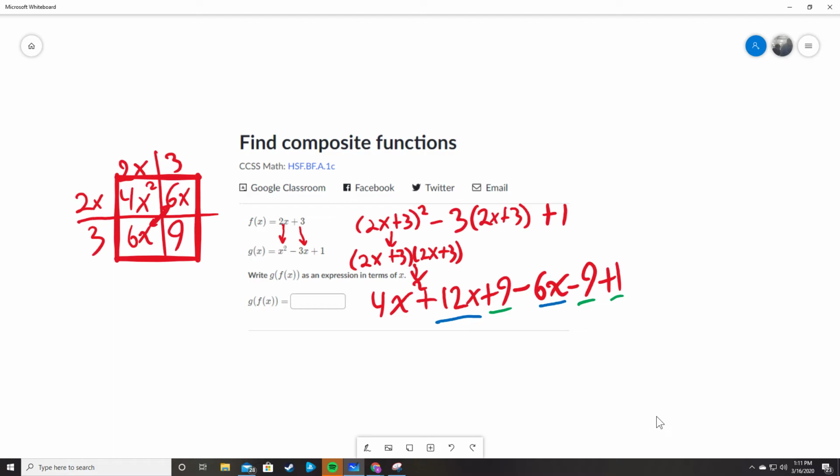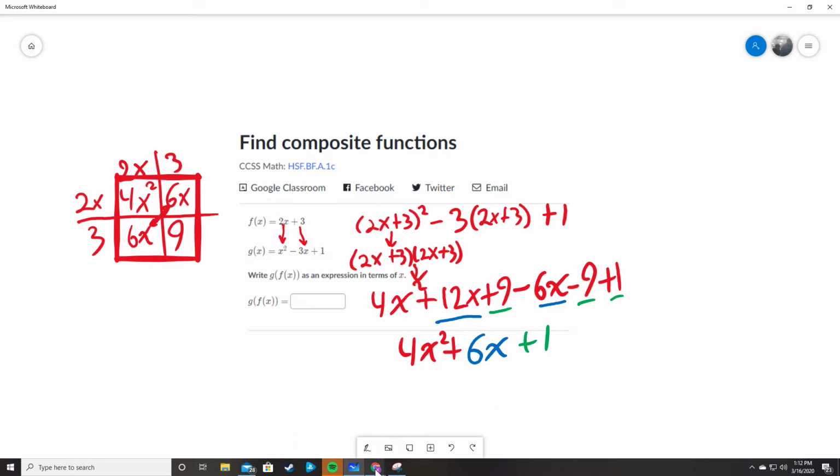So 12 minus 6 is a 6. So we got 6x. Now 9 minus 9 is 0, and 0 plus 1 is going to be a 1. And then finally we got the 4x squared coming through at the bottom. So our final polynomial should be 4x squared plus 6x plus 1.